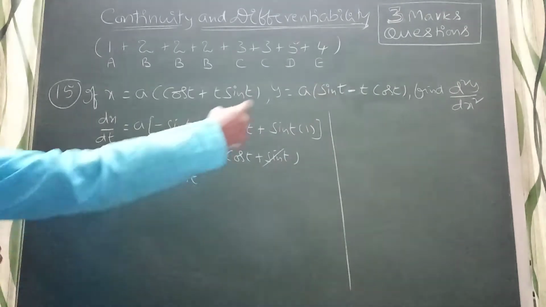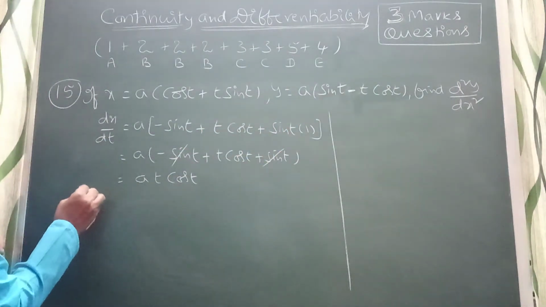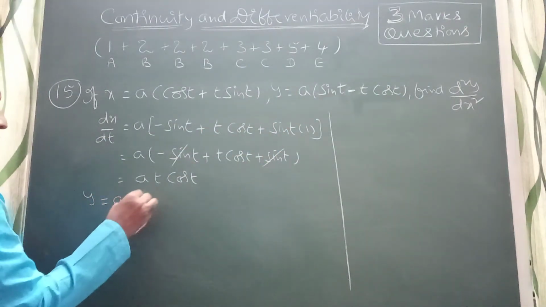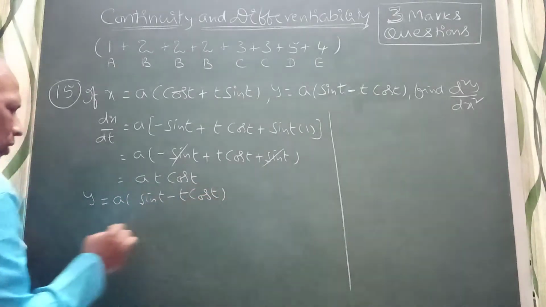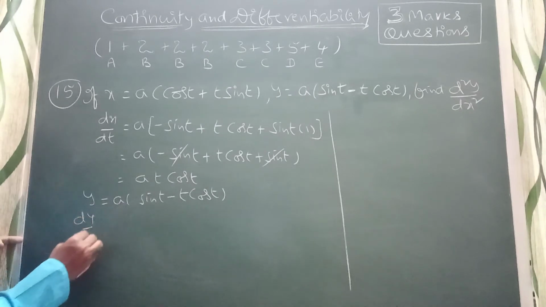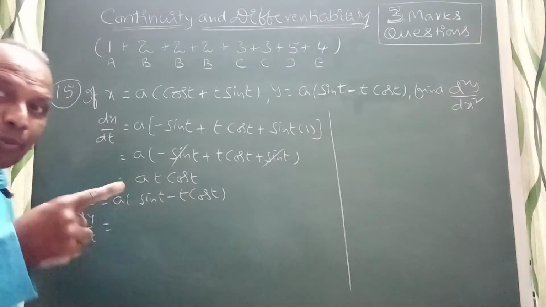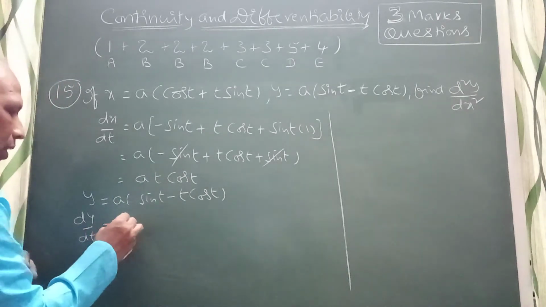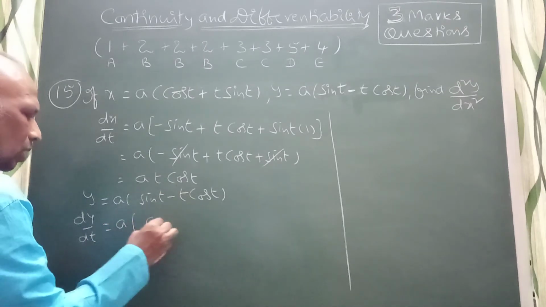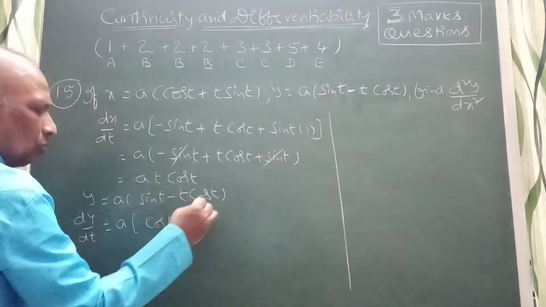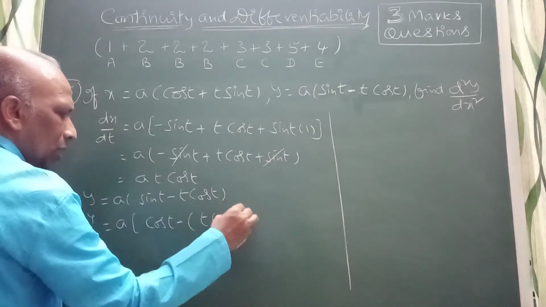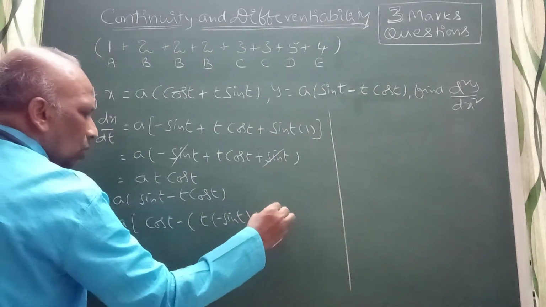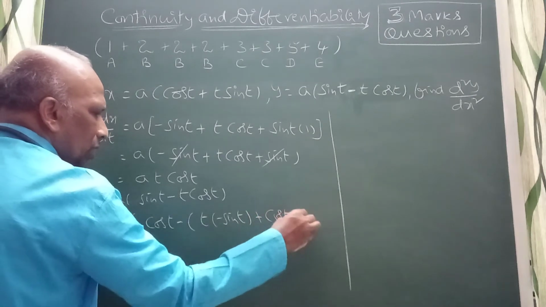Now, if you take y, y is equal to a into sin t minus t cos t. When you are writing dy by dt, I am doing with respect to t. dy by dt is a into derivative of sin t, cos t, minus of product rule: t into derivative of cos t, minus sin t, plus cos t into derivative of t, which is 1.